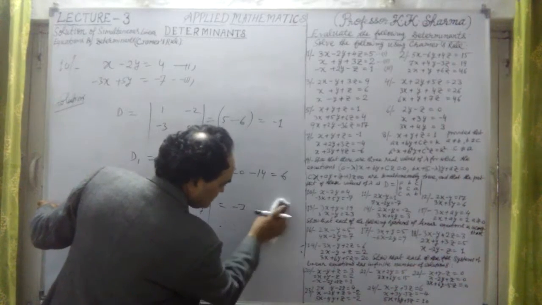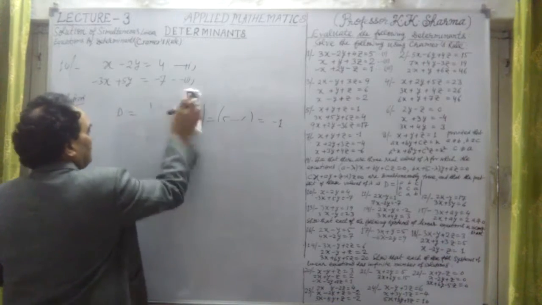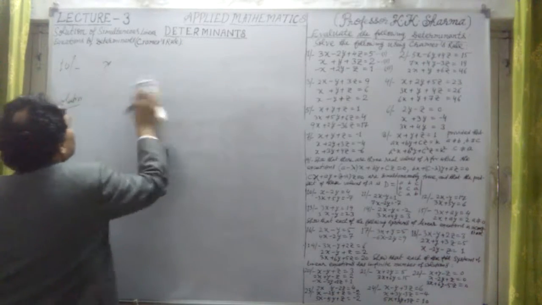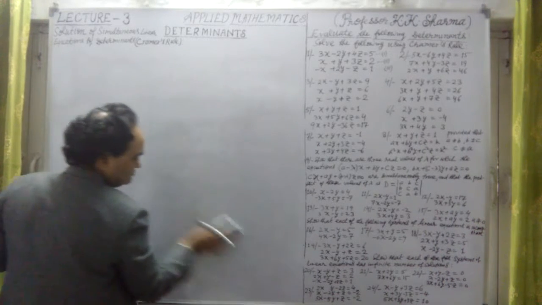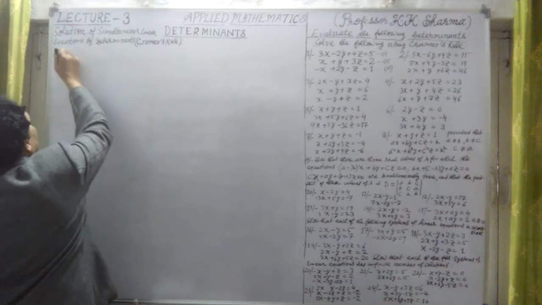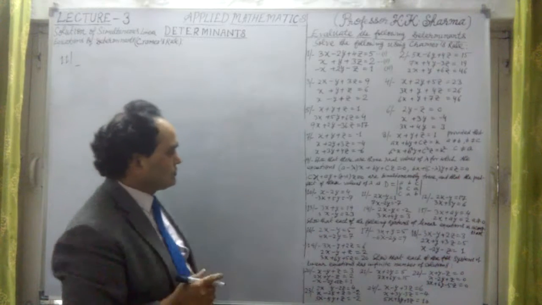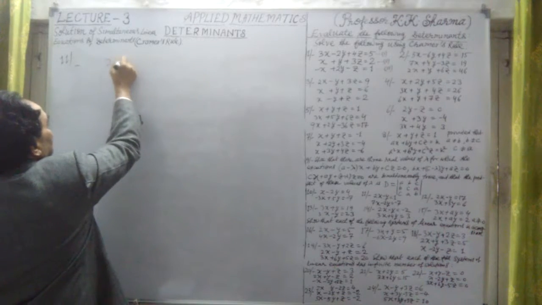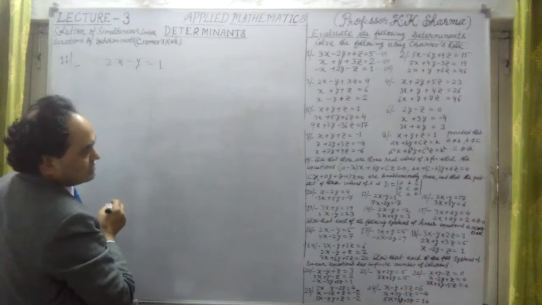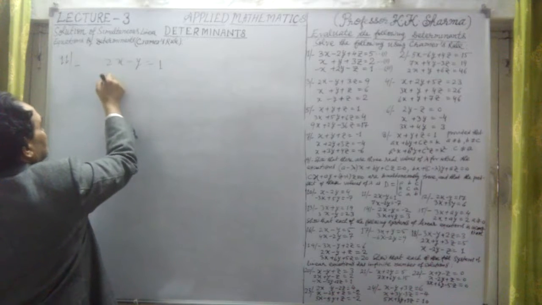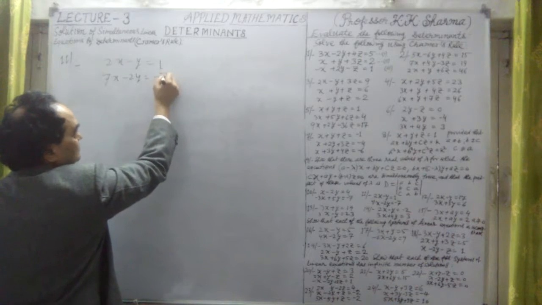Now let me take the 11th question. Now question number 11, what does it say? Let me check it. It says 2x minus y equal to 1, and 7x minus 2y equal to minus 7.